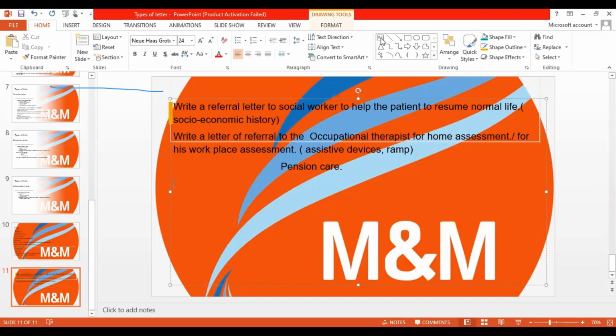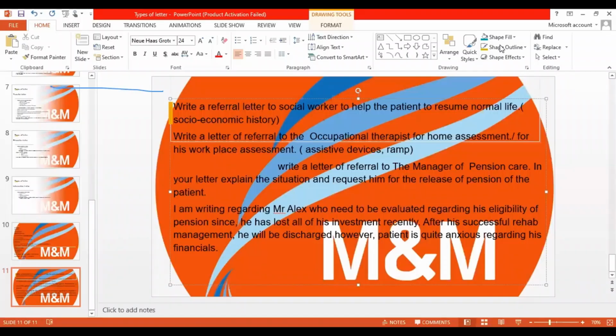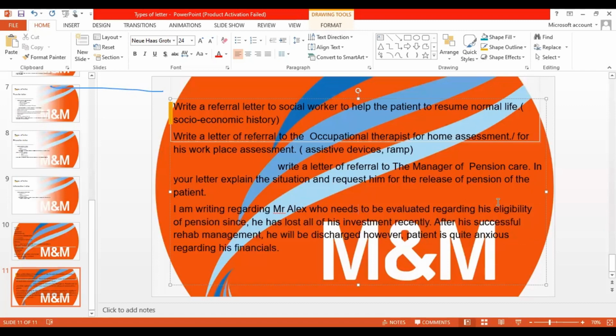Followed by that, if you are writing this letter to the pension care, you can write: I'm writing regarding Mr. Alex, who needs to be evaluated regarding his eligibility for pensions, since he has lost all of his investment recently. After his successful rehab management, he will be discharged.